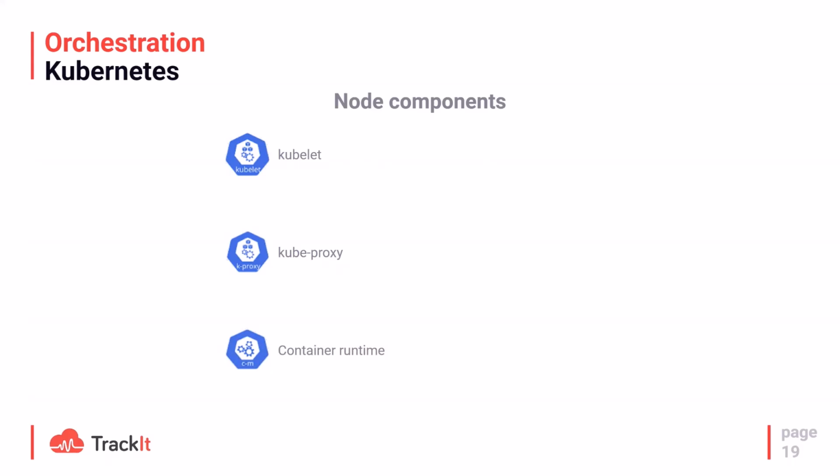So the kubelet is just the abstraction of talking to a container, and the container runtime is the actual software that is running the containers. So the container runtime could be Docker, it could be containerd, or there's also another famous one, which is CRI-O, but those are really the three main ones that are used in the cloud today.